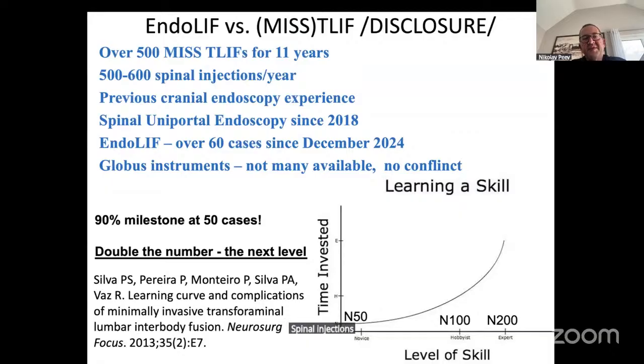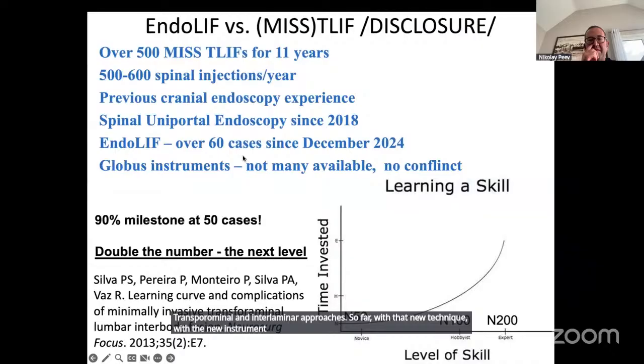I have previous cranial endoscopy experience. And lately, since 2018, I have been regularly performing spinal endoscopy, transforaminal and interlaminar approaches. So far, with this new technique and the new instrumentation that I have available, I have done about 60 cases.